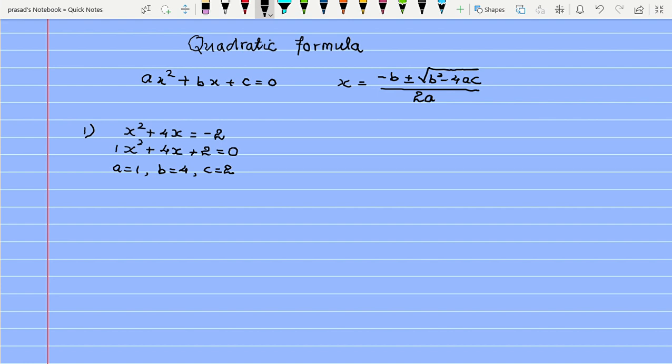Substitute this in your quadratic formula. So x is equal to minus b plus or minus root b square minus 4ac upon 2a. Be careful of the sign.